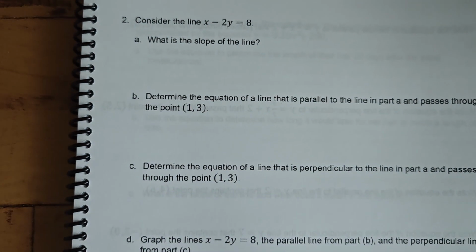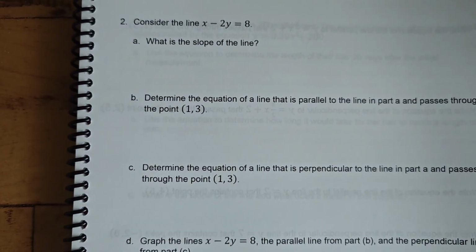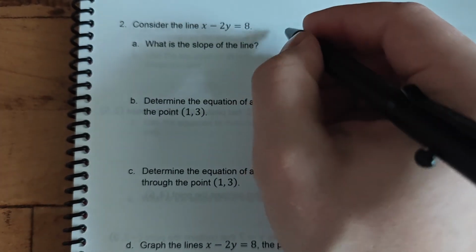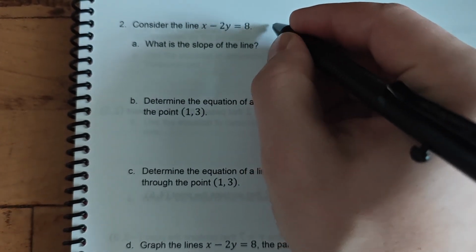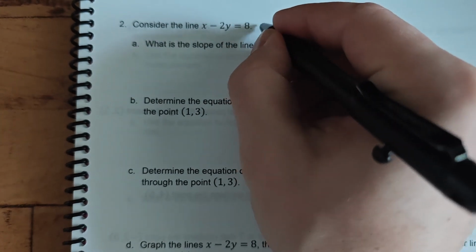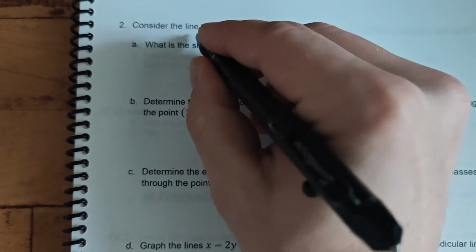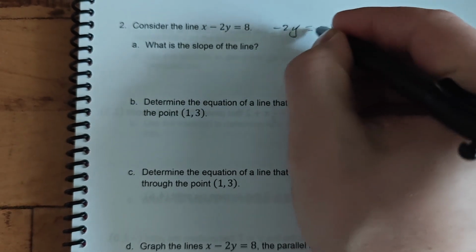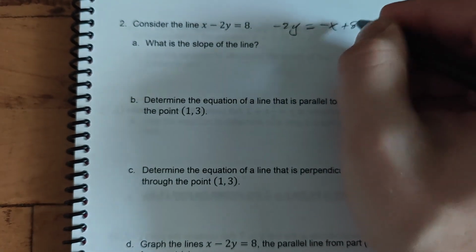Then we have these long problems where it gives us an initial line, asks what the slope is, to determine the equation, all of that stuff. So line x minus 2y equals 8. Solve that real quick in slope-intercept form. Subtract x, that gives us negative 2y equals negative x plus 8.